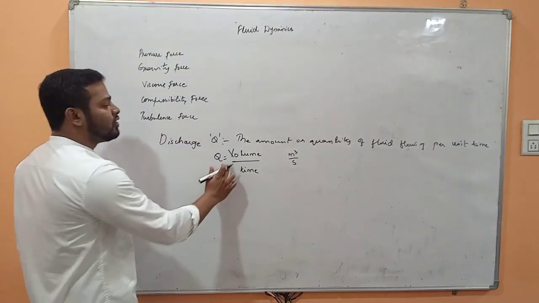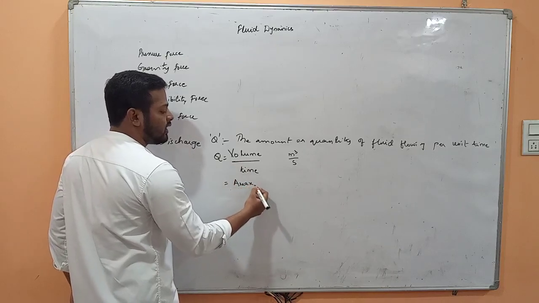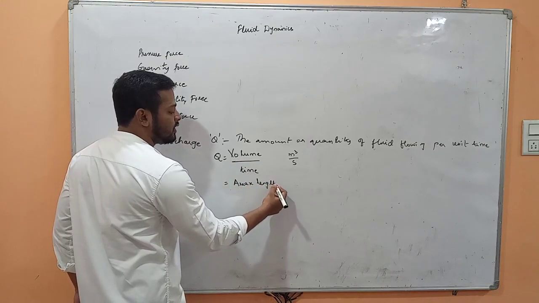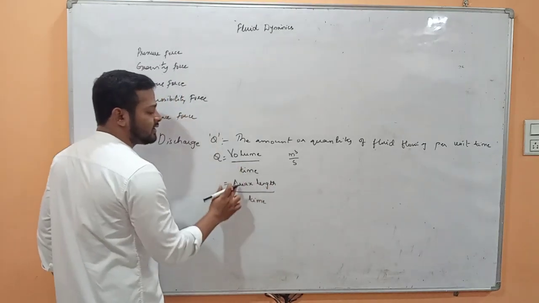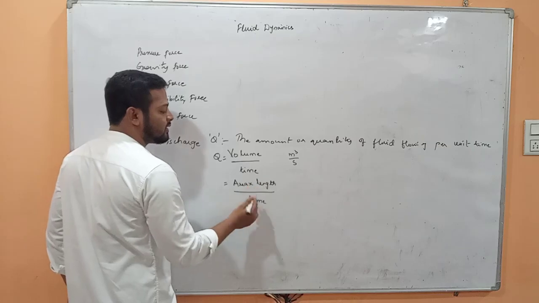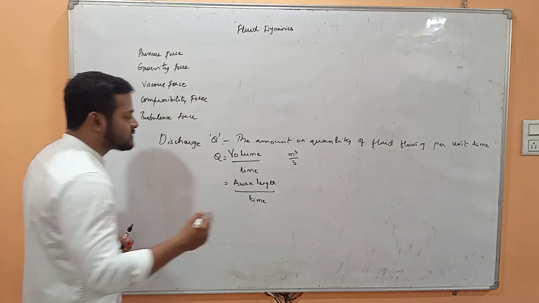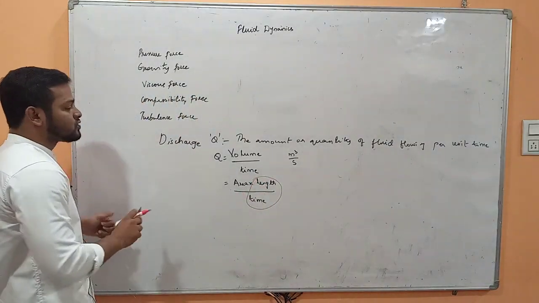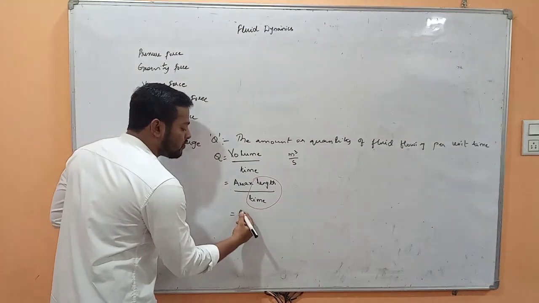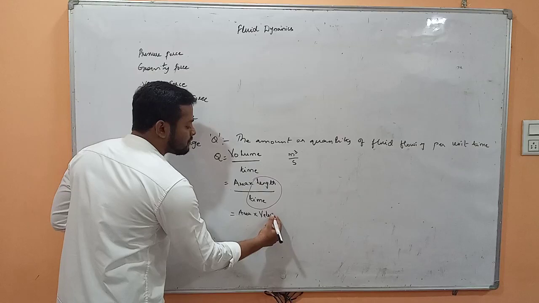Volume can be written as area into length, so area into length by time. In place of volume I have written area into length by time, and this length by time is called velocity. Length per unit time is velocity. So discharge is also area into velocity.